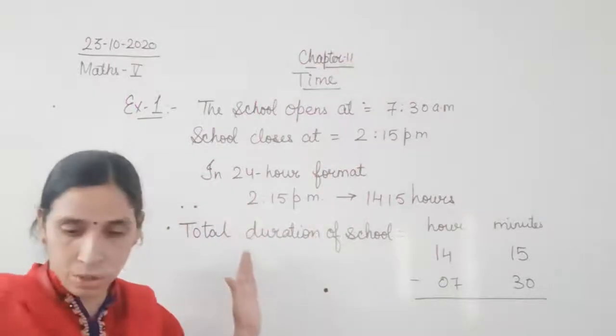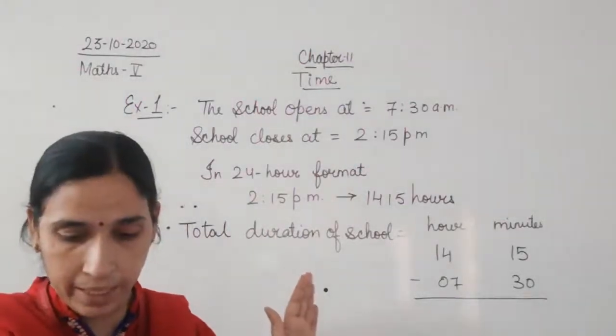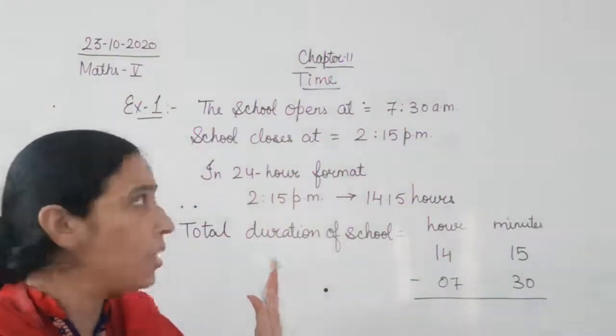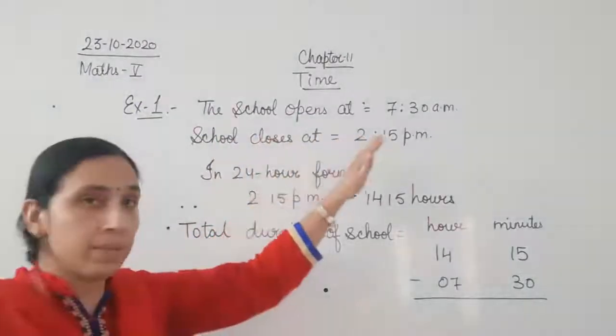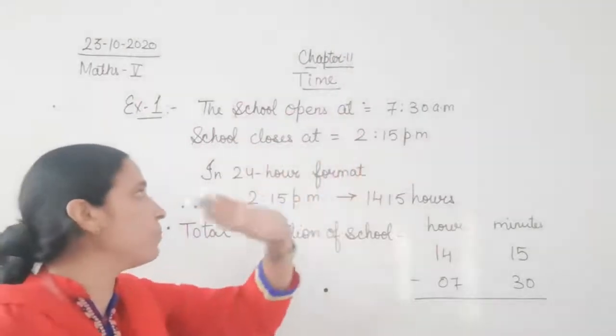Now children, the question is given: the school opens at 7:30 AM and closes at 2:15 PM. So we have written the statements, the school opens at 7:30 AM and the school closes at 2:15 PM.